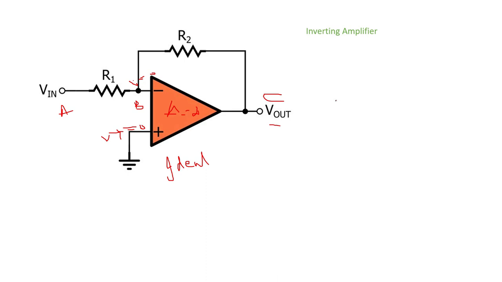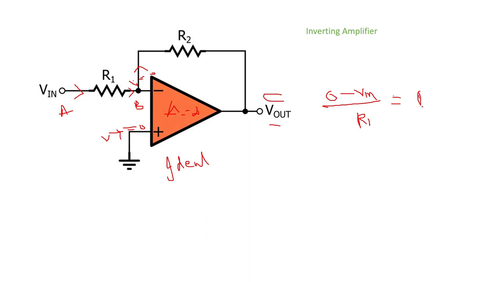Correct, right? If you apply Kirchhoff's current law here, the sum of entering currents is equal to the sum of leaving currents. Current flows from high voltage to low voltage. So (0 minus V in) by R1 is equal to (0 minus V naught) by R2.